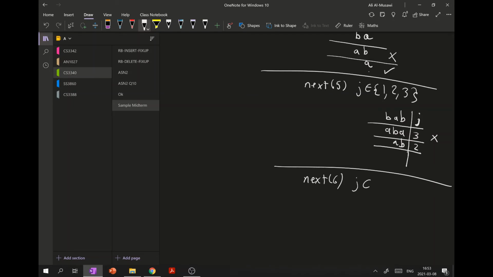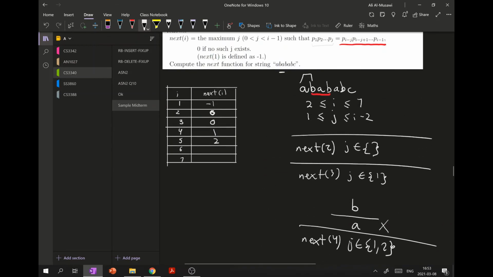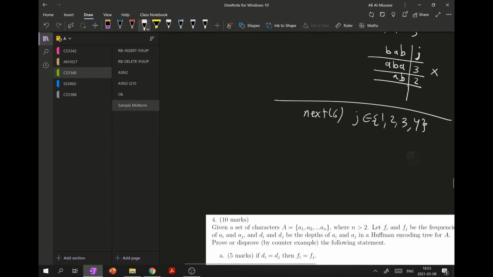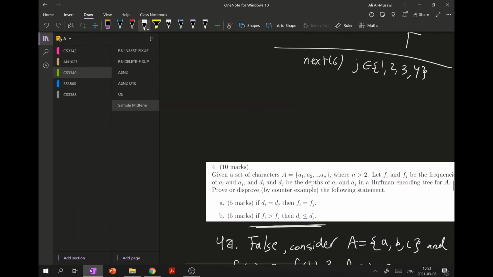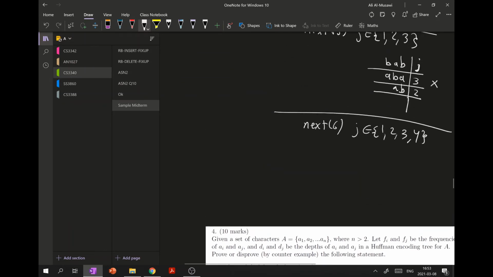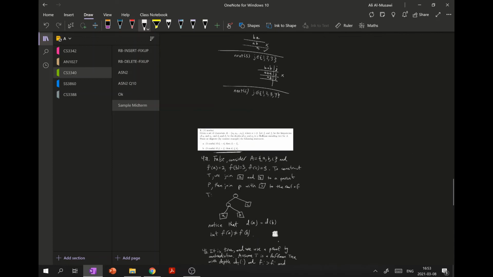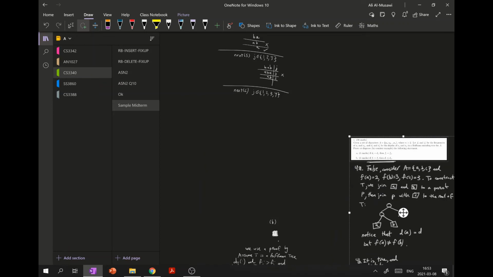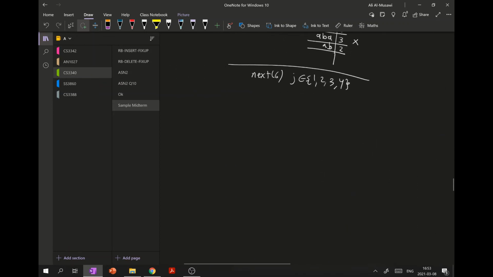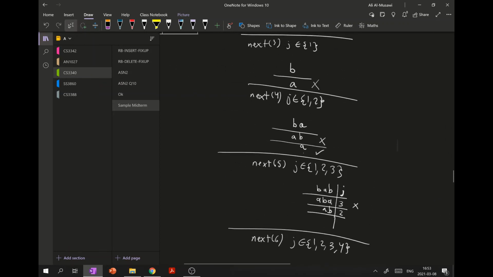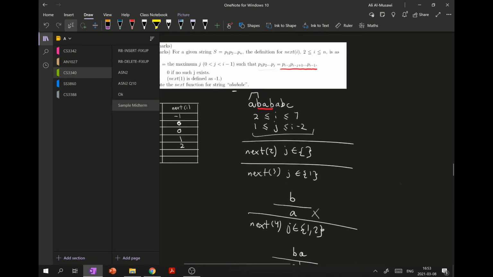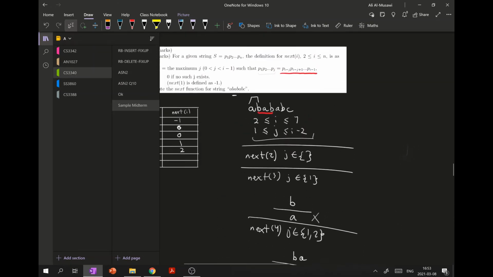Alright, so j is in the set 1, 2, 3, 4. How do I know this? I got it from this inequality. And then I'm going to have to move this stuff below. Let me just move that. Should be good enough space for now. So j is in the set 1, 2, 3, 4. And then we look at the string to compare to.